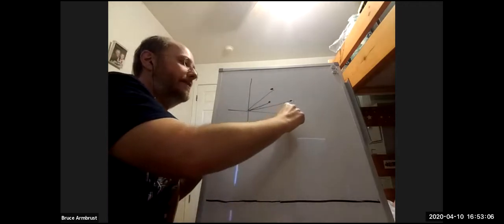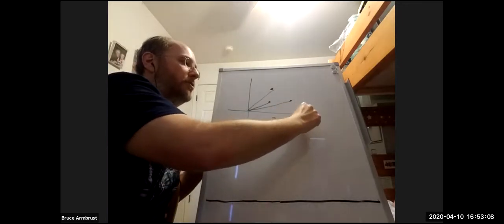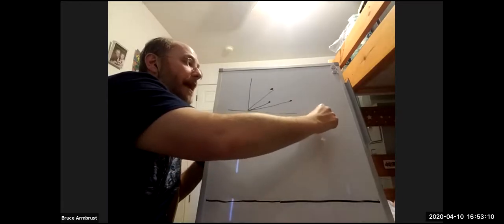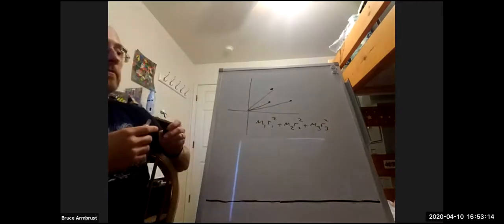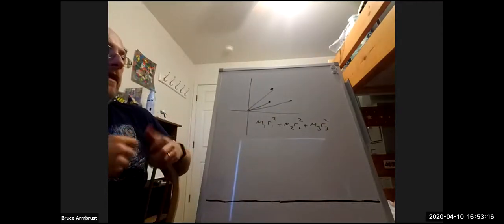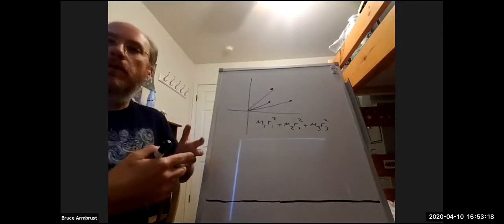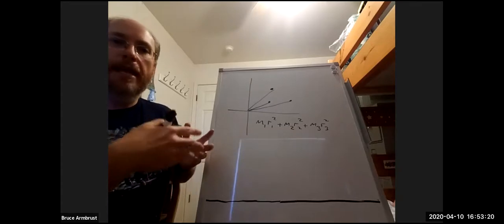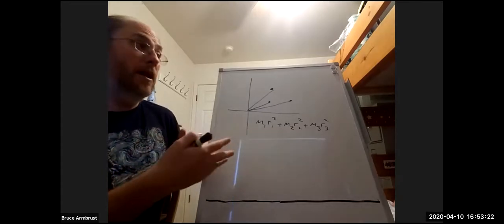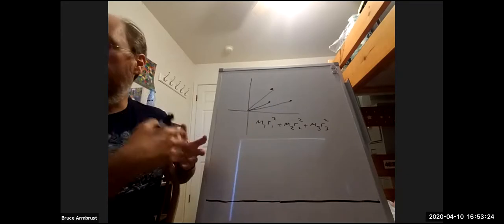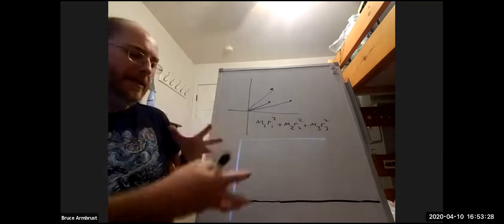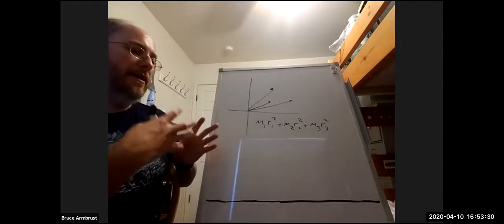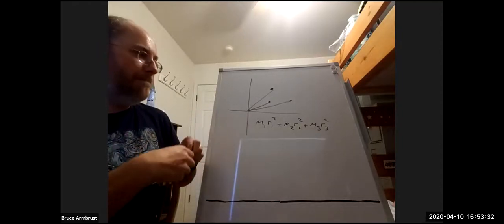Then we would add to that m2 r2 squared, and then add to that m3 r3 squared. So it's kind of nice. You can take the individual moments of inertia and just add them up. And this is what we use to turn this into an extended object that is continuously distributed.